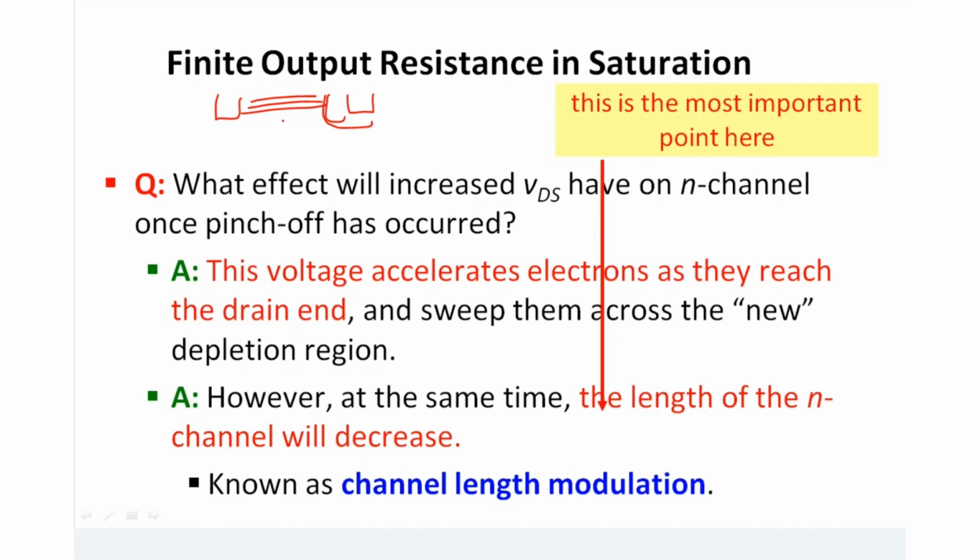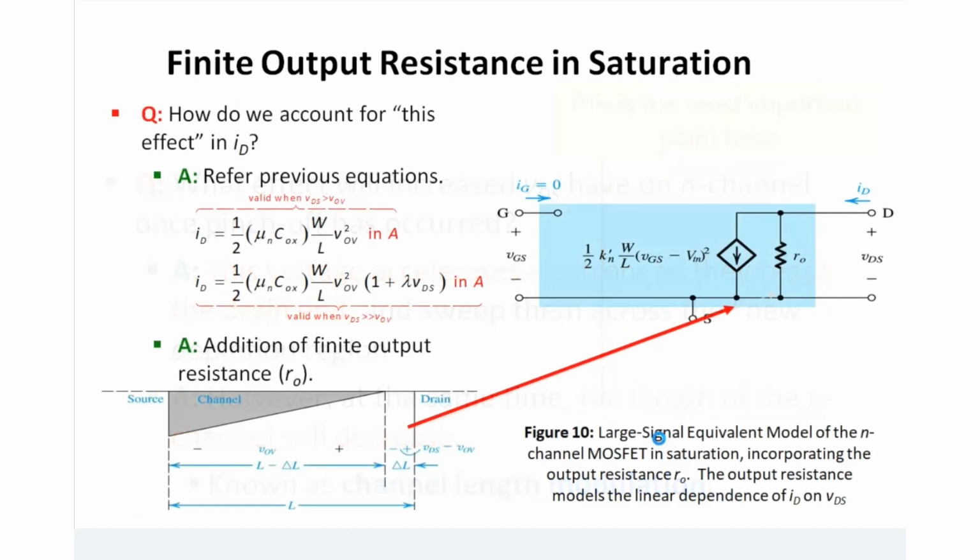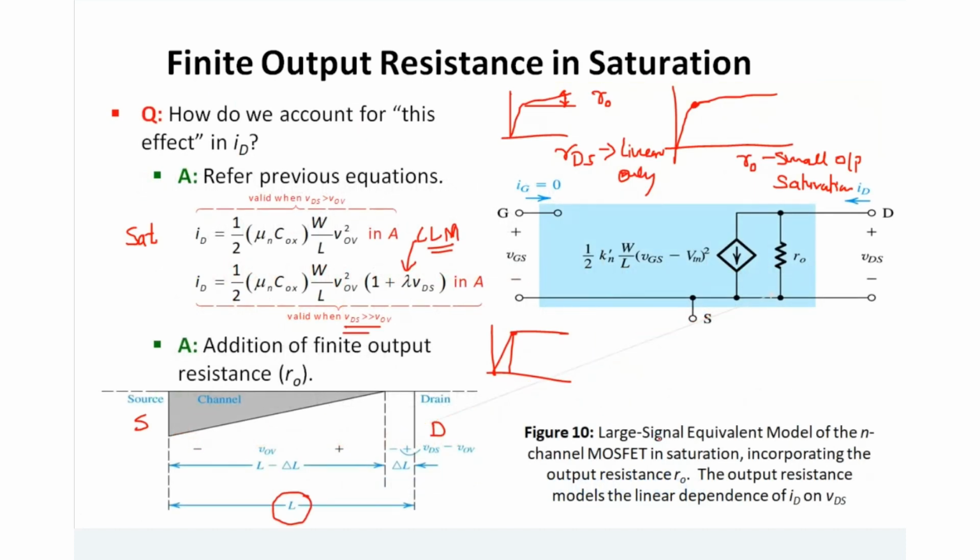This entire change, the decrease in the length of the N channel, is what we call channel length modulation. And this is the most important point when it comes to finite output resistance, or whenever we talk about the operation of the MOSFET in the saturation region.